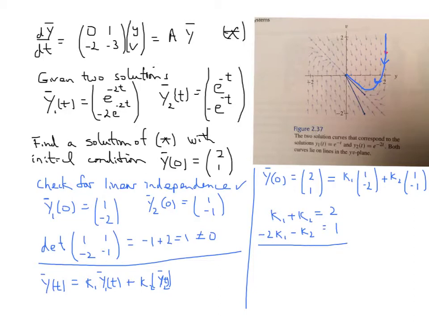If I add these two together, the k2's will drop out, and I'll end up with -k1 equal to 3. So k1 is equal to -3. And it'll follow that if k1 is -3, k2 will end up being 5.